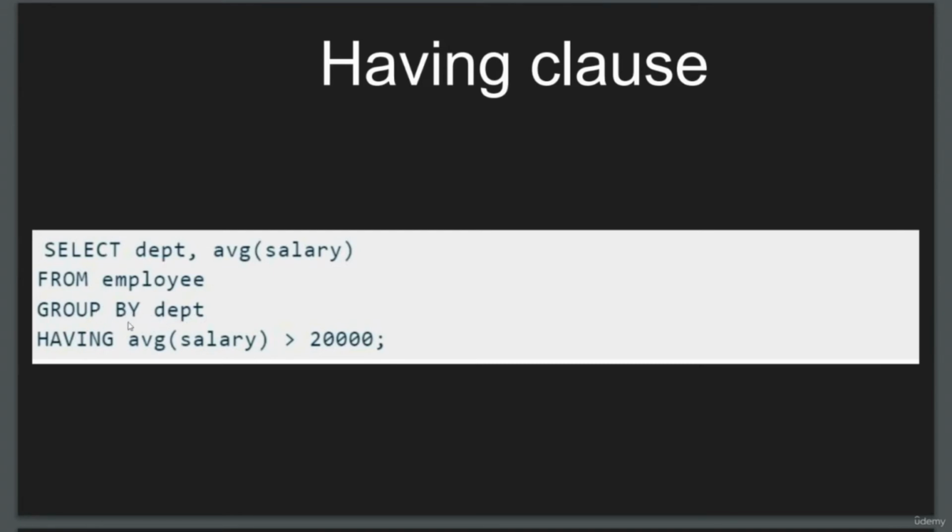and then we'll use the having clause. It is like a conditional statement, you can say. We'll check all the groups by department where the average salary is greater than 20,000.